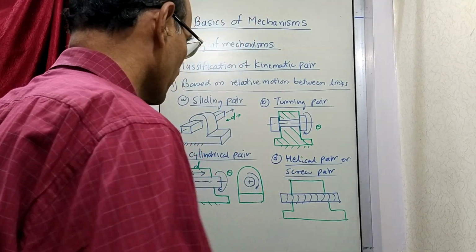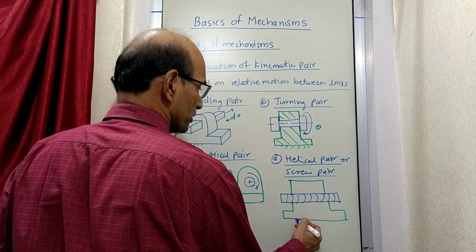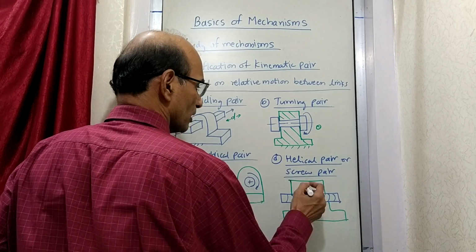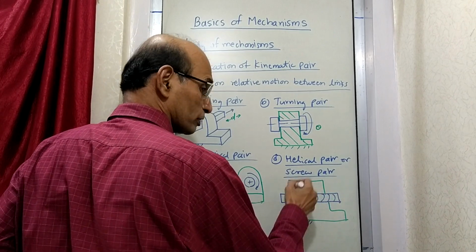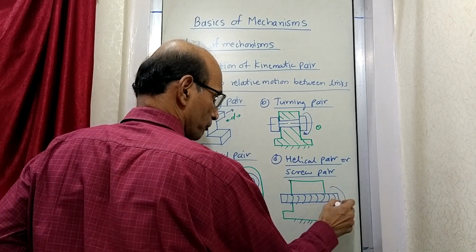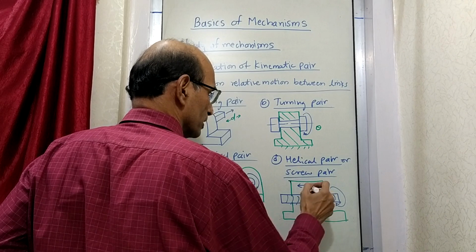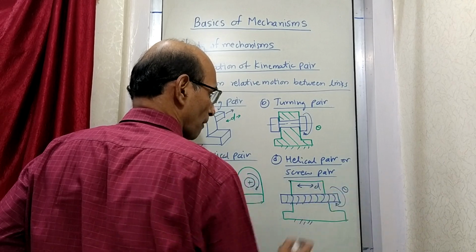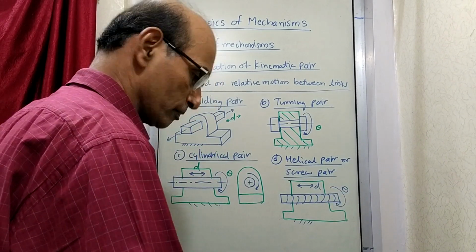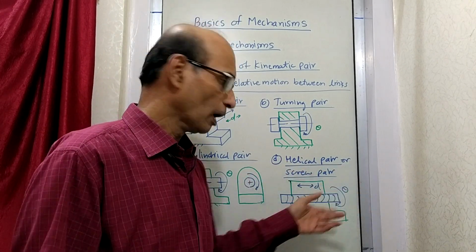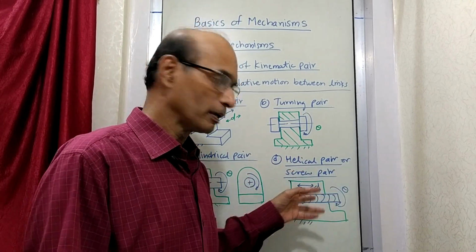Now what you see here is again two parts. Out of that, one part is fixed like this, and now this part, which is like a screw, which has got a threading, is capable of rotating. It is also moving like this. So it has got d, it has got theta. It has got a linear motion also, and a rotary motion also, but there is threading there.